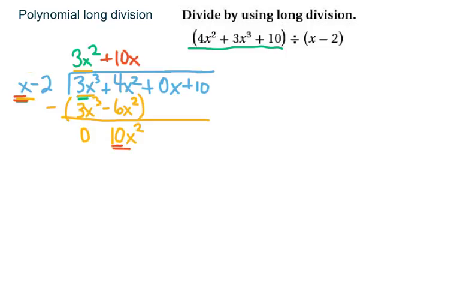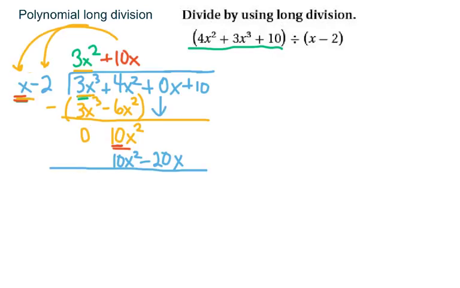So again, we're going to distribute 10x times x, 10x times negative 2. And what we get is 10x squared, which is what we want, minus 20x. Let's also bring down the 0x.